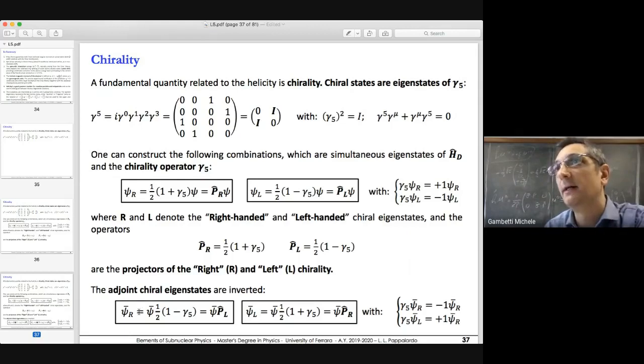Okay, so we can have the adjoint right-handed spinor. And now this is obtained in the opposite way: if you want to have the right-handed adjoint spinor, you have to use the left projector. If you want to have the left-handed, you have to use the right projector. And also, of course, here we have the corresponding eigenvalue equation for the adjoint right-handed and left-handed spinors. In this case, the right-handed corresponds to the -1 eigenvalue and the left-handed to the +1 eigenvalue.